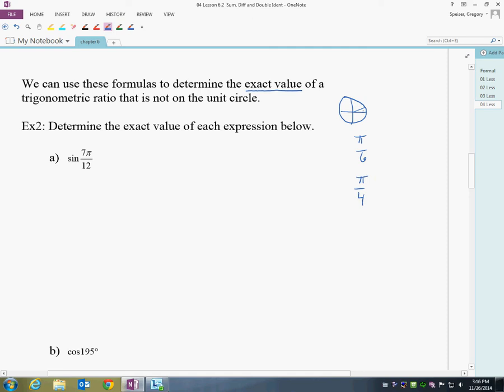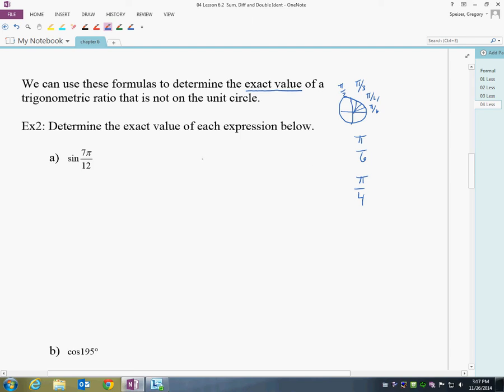Sometimes those overlap, but essentially all those things we learned on the unit circle were multiples of pi over 6 and pi over 4. So we had pi over 6 here, and the next one was pi over 4, and the next one was pi over 3, which is really 2 pi over 6s. And then we had pi over 2, which is really 3 of these. So when you think of that.